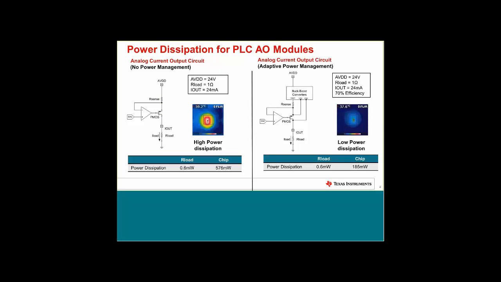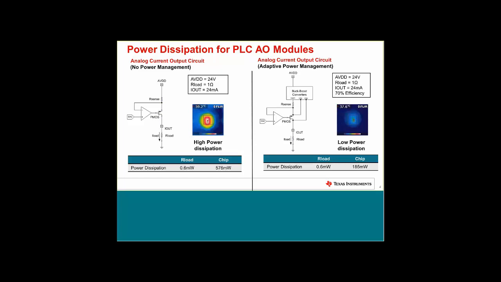The concept behind this quad channel design was then to implement a feedback loop along with a buck boost converter that modifies the high side supply voltage that is sent to the PMOS. So in this particular example, again with the 1 ohm load and 24 milliamps, instead of RSense and PMOS seeing a 24 volt high side supply voltage, they see something closer to 4.5 or 4.7 volts.